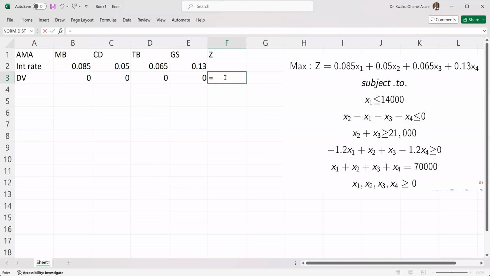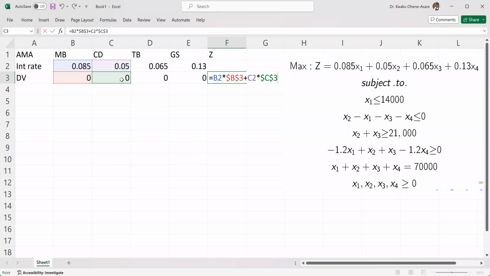Okay. So I'm going to do equal to, then I'm going to take the municipal bonds and multiply it by the decision variables. So I'll bring times, then take the decision variable. Then you press the FN key F4 to bring the dollar symbol. Then plus, take the next one, 0.05, bring the times, select the 0, press the FN F4 key.